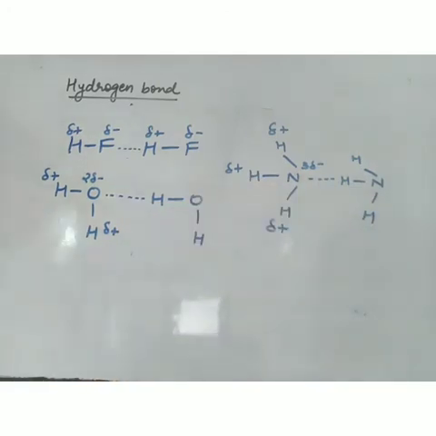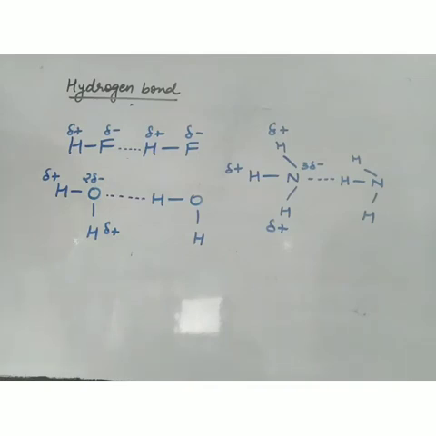It means hydrogen bonding is formed between two different molecules, and because of this hydrogen bonding there is a weak attraction between the molecules which keeps the molecules closer. And you know one interesting fact, that because of this hydrogen bonding only, water is liquid at room temperature. If hydrogen bonding was not there, water would be a gas.